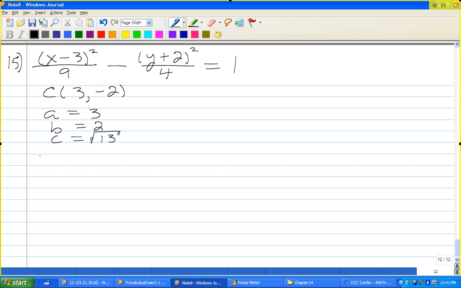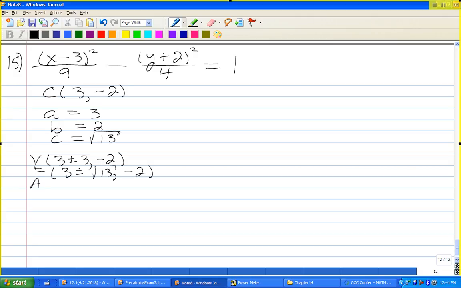The vertices will be at 3 plus or minus 3, negative 2. The foci will be at 3 plus or minus rad 13, negative 2.